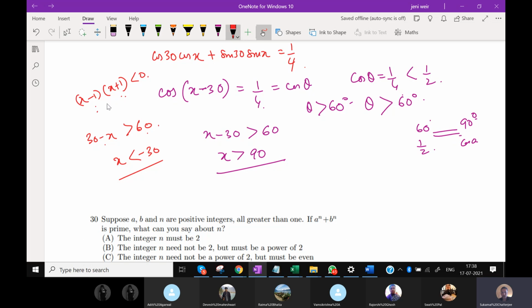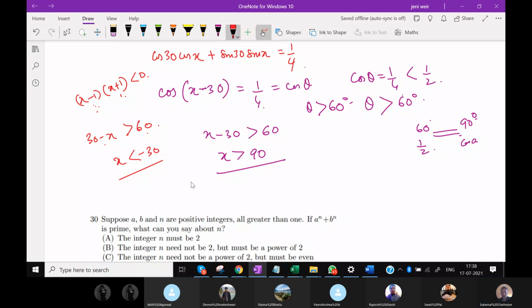So one case would be x is less than 1 and greater than minus 1, and the other case is x is greater than 1 and less than minus 1 at the same time, which is not possible. But technically that is coming from the solution. Clear? Same case here.